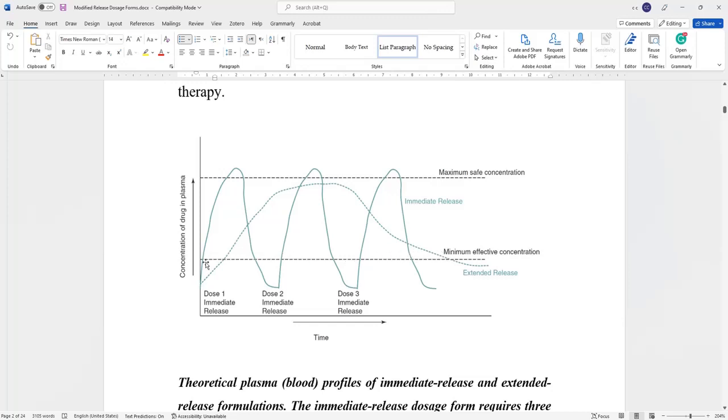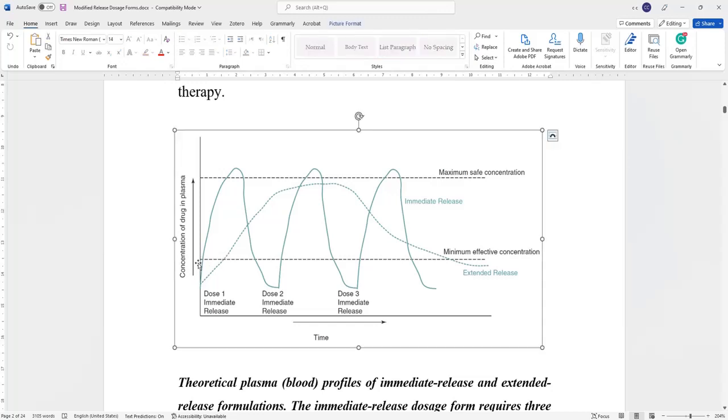If it is below this concentration, what is going to happen? The drug will be ineffective. Now the dotted line here shows the maximum safe concentration. Sometimes they call it minimum toxic concentration, MTC. This one is MEC and this is MTC, minimum effective and minimum toxic concentration, which means the drug will start giving side effects at this concentration or above.